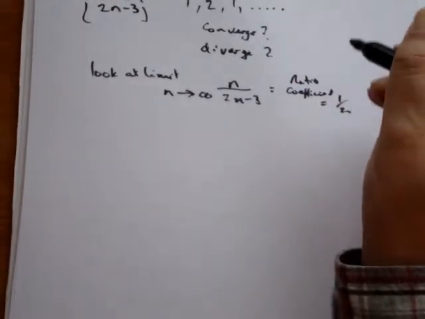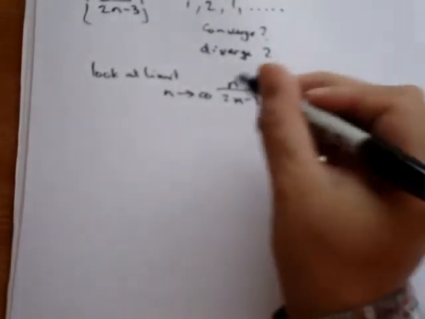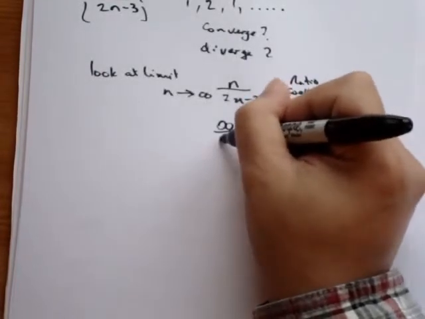Or we could look at when n is infinitely large, we have infinity over infinity.